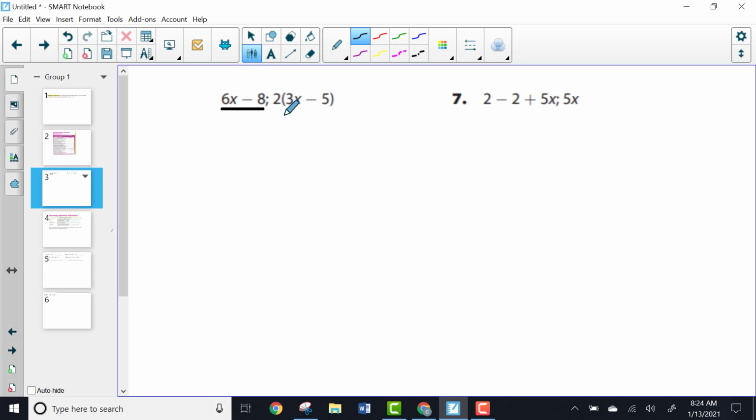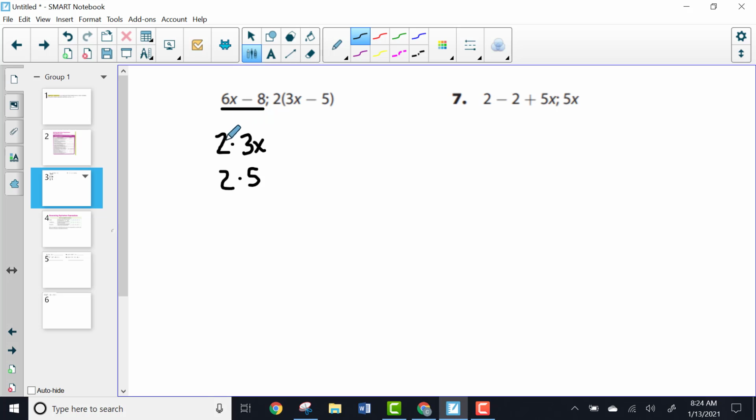So what we're doing is the distributive property. We're multiplying. Let me show you what this actually looks like: 2 times 3x and 2 times 5. That's what we're doing here.